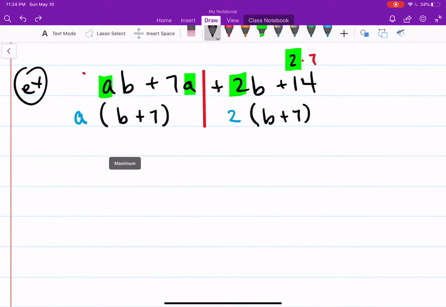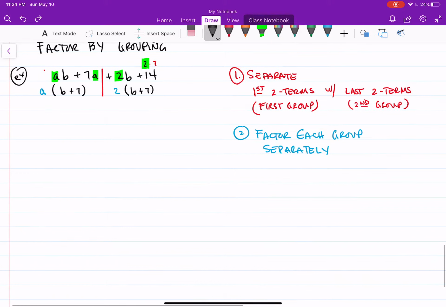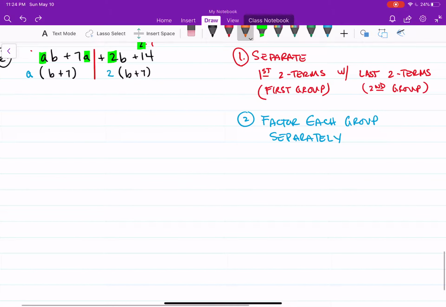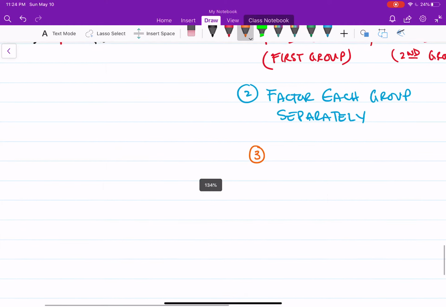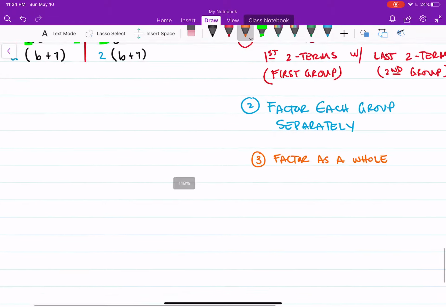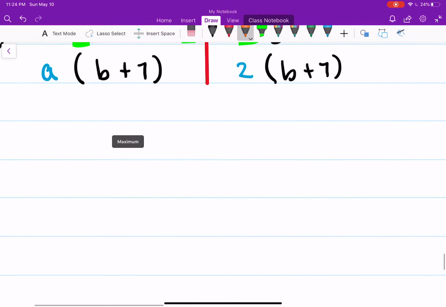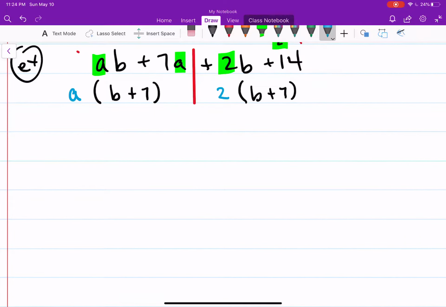So now the third step is going to be factor as a whole. Okay, so factor as a whole means I gotta look at this whole thing. Okay, don't forget the plus here. I gotta look at this whole thing and say, okay, what's in common?